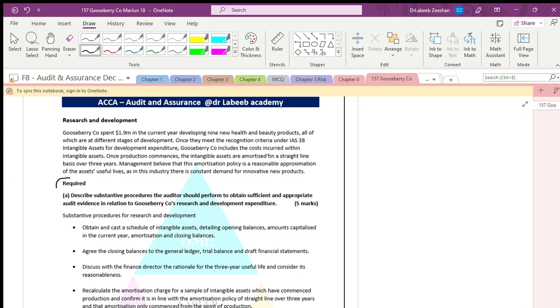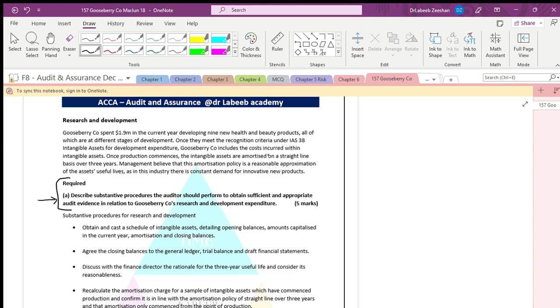This is the standard way. Even the ACCA guidelines and instructions say very clearly that first go through the question paper and see what the requirements are. Don't just read the scenario.